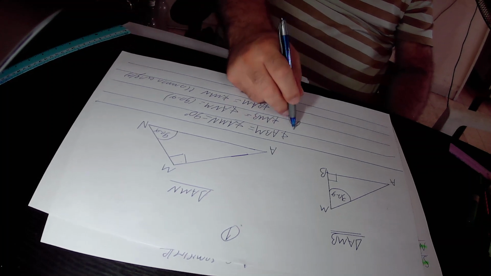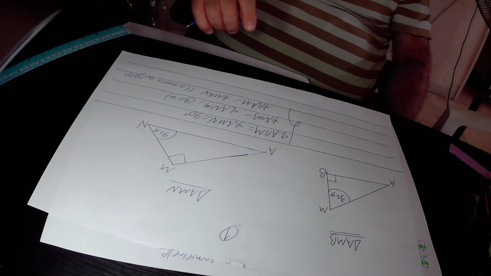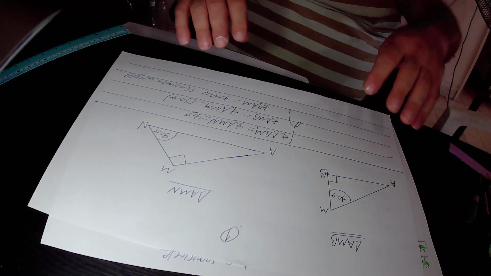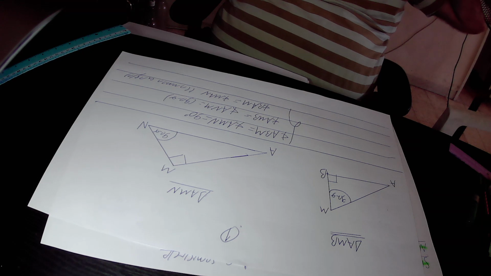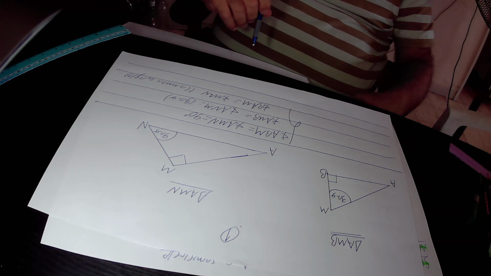So we proved that all the angles of this right triangle ABM are correspondingly equal to all the angles of this right triangle AMN, and therefore those two right triangles are similar to each other according to the angle similarity rule. So I write it down.